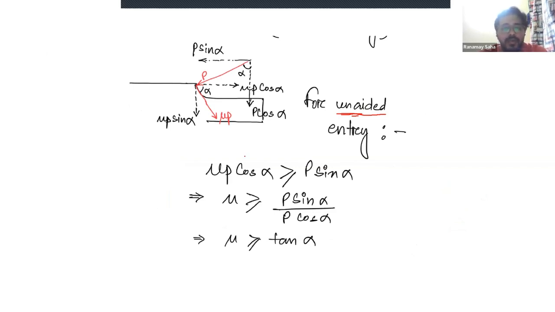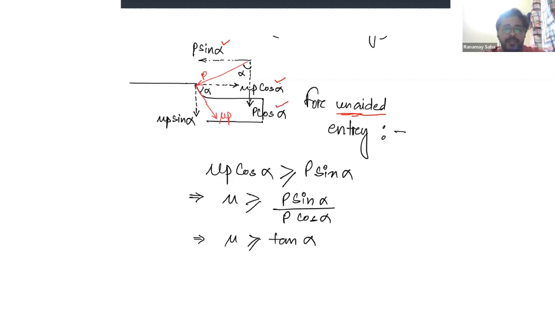Now, if you just look at the normal force P acting on the strip during the rolling process at the interface of the roll and the sheet, you bifurcate this into the components P sin alpha and P cos alpha.